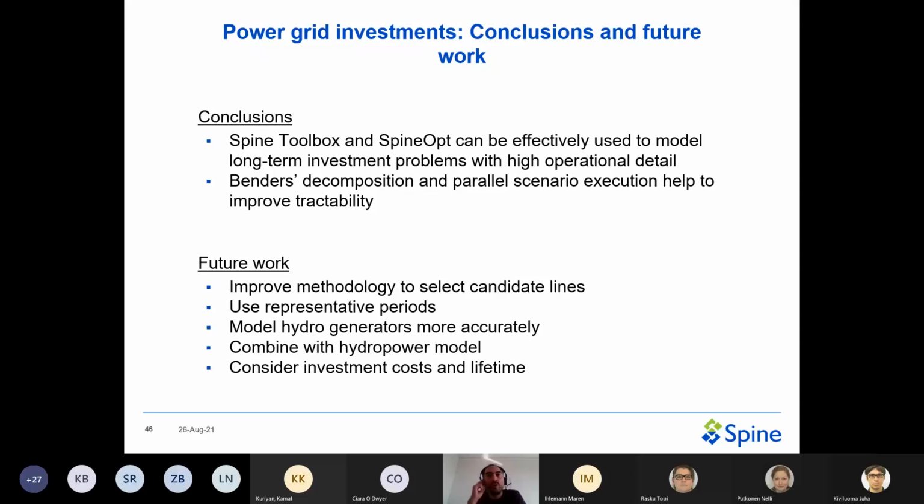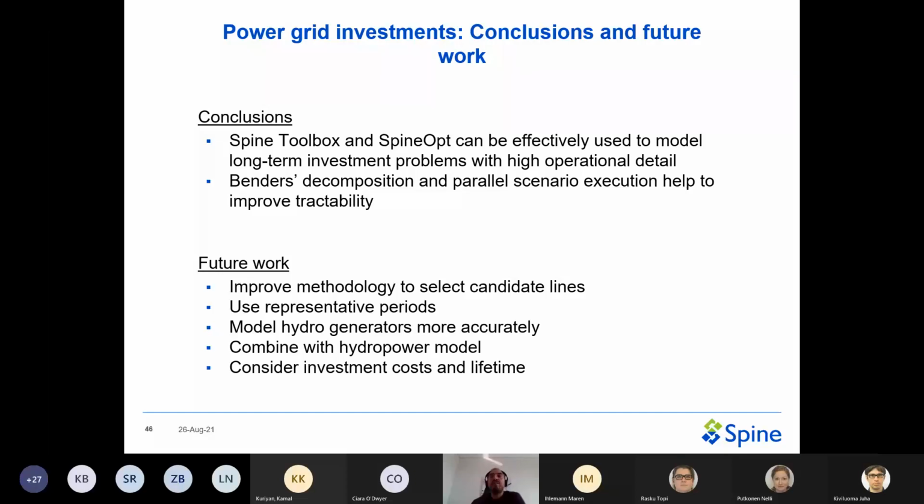Maybe have a better methodology to select the candidate lines, use representative periods, because we have tools for that, and SpineOpt can also handle that in a very graceful manner. So maybe we can try that. We want to model hydro generators more accurately, because now they are just like conventional generators that just dispatch, so no reservoir, nothing like that.